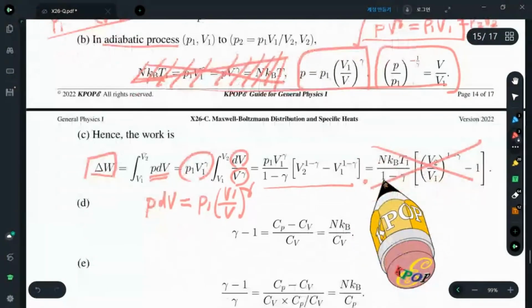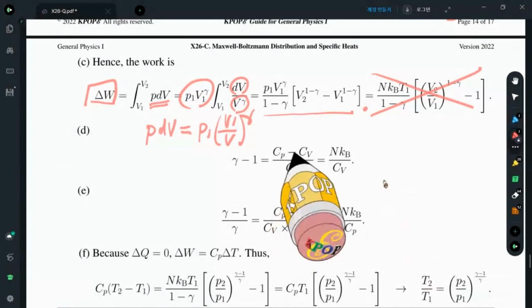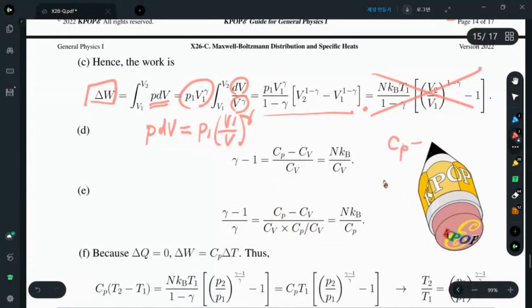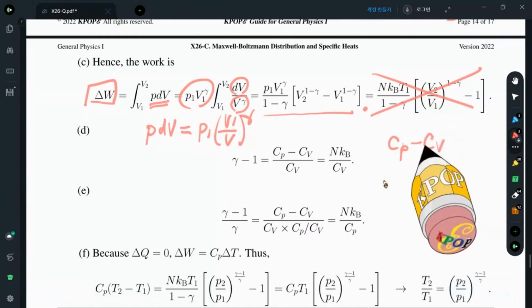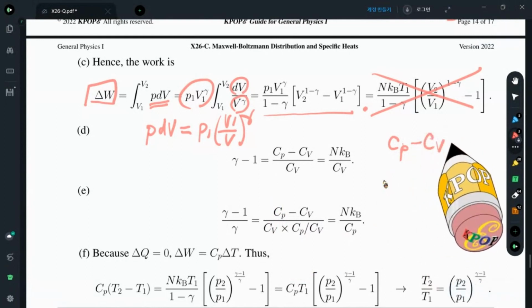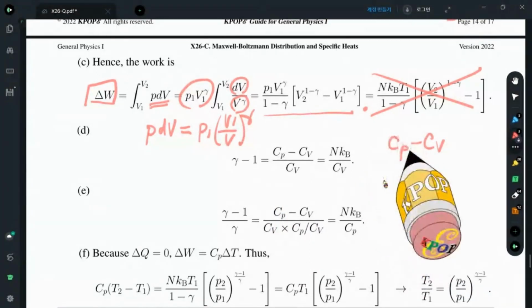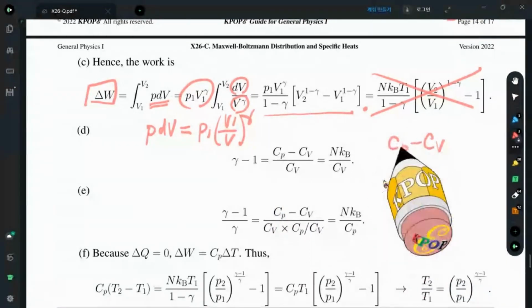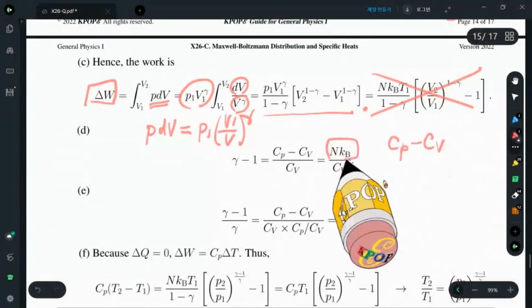During this calculation, we need to remember Cp minus Cv. At constant volume, the system does not do work. Heat capacity at constant pressure is always greater than at constant volume. That amount is NkB.